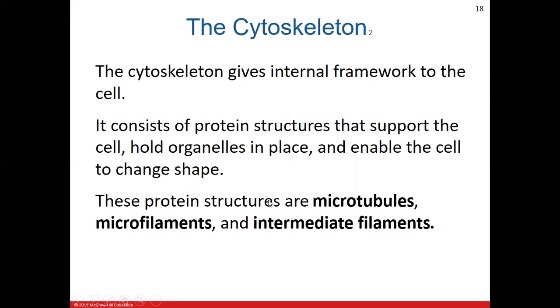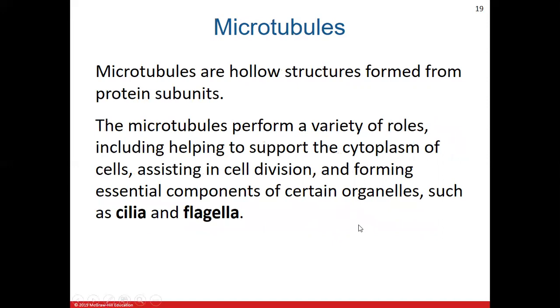Now there are different structures for the cytoskeleton, listed here at the bottom: microtubules, microfilaments, and intermediate filaments. First of all, microtubules are just one example of the cytoskeleton network that you have. Microtubules are hollow, and again, they're formed from proteins. You'll find microtubules in a couple different locations within a cell.